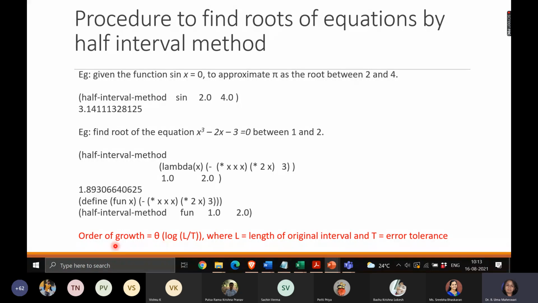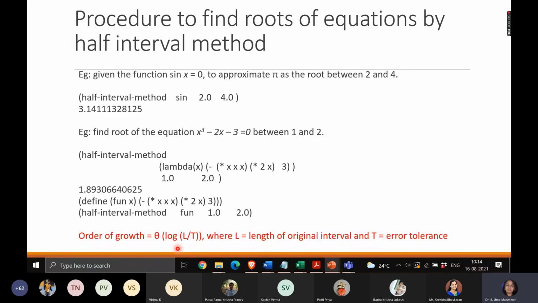So always the order of growth is nothing but the number of times the iteration goes on, right? So this is nothing but log of L by T. Why? Because we are going for the half interval method every time. If you look at the data, we are closely reaching the answer by deciding the midpoint of the given interval.